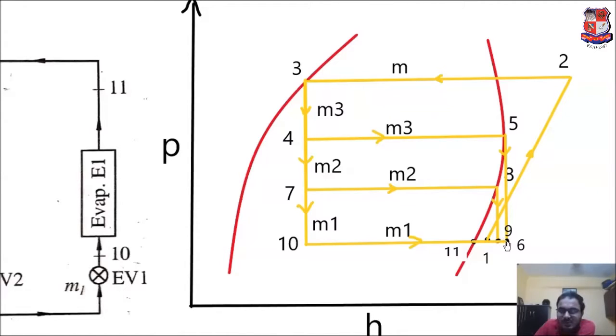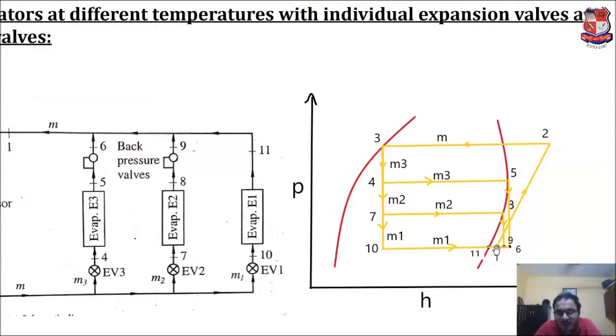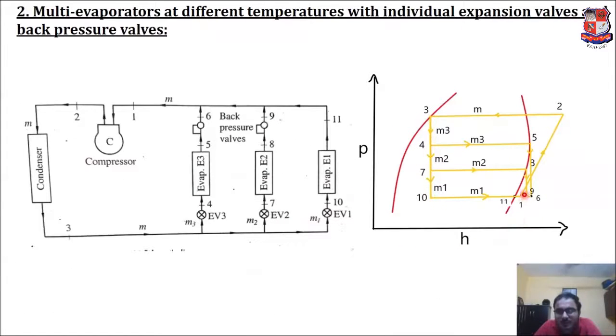So point 6, point 9 and point 11 are mixed together to form point number 1. So from point number 1 we have the compression process 1 to 2, and the same cycle repeats. Okay, so this was the explanation through the pH diagram.